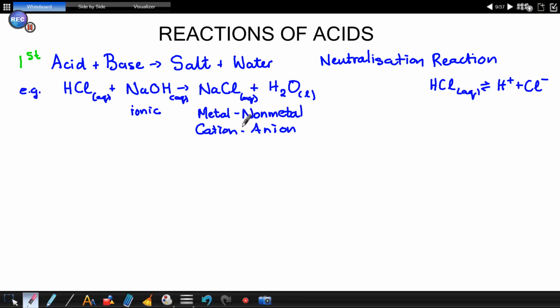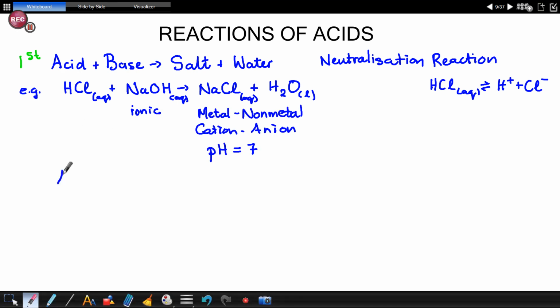I'll tell you something. This is a neutral salt that will form. So the pH of this solution would be 7. And I don't have to guess it.